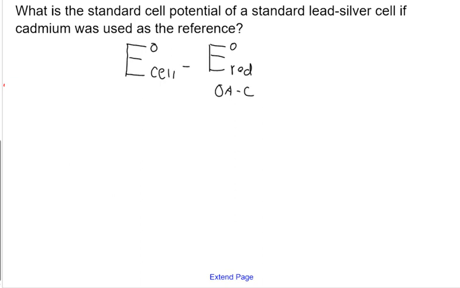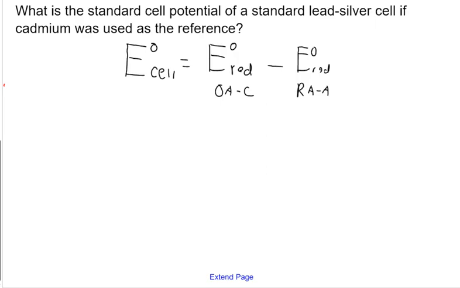So it's the reduction potential at the cathode minus the reduction potential at the anode, and it's going to be the strongest reducing agent at the anode. I like to label OA and RA because that's kind of how our table is built. OA is on the left and RA is on the right. So we'll calculate this two ways.